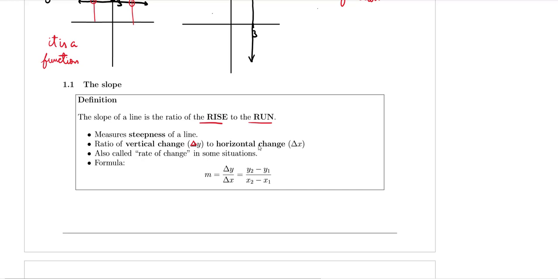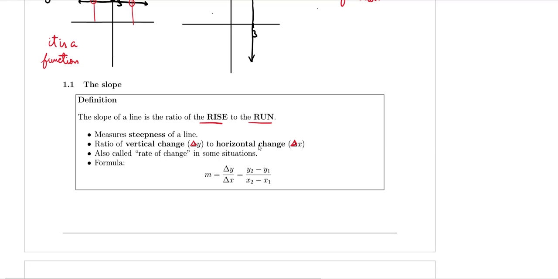So whenever you see the delta here, it's representing a change. So delta y is the changing y. It's the ratio of the vertical change to the horizontal change, so delta x. We can think about it as also the rate of change in certain situations.